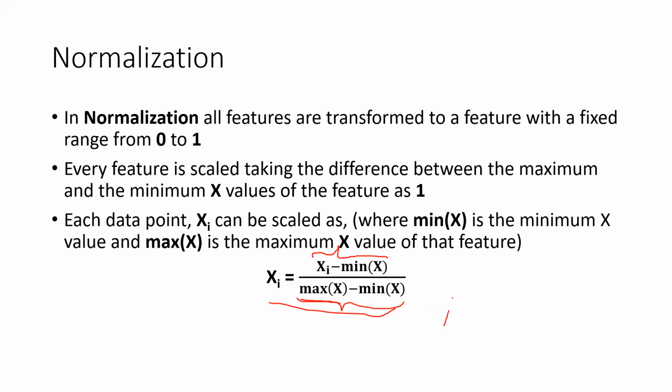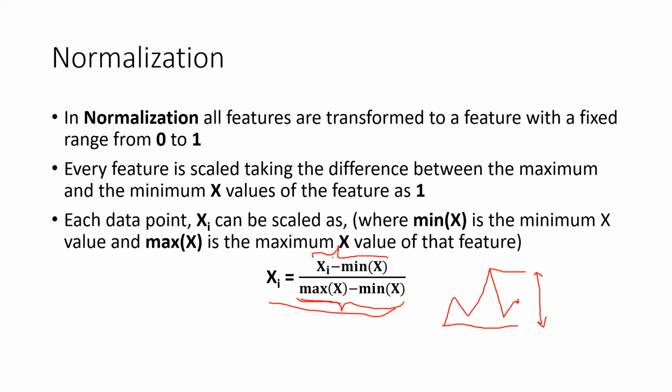So you have a data distribution something like this. This is the x value that we want to scale. This is the minimum x, this is the maximum x. This is the difference between maximum and minimum, the denominator value, right?